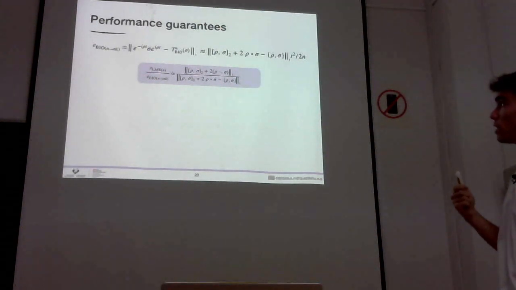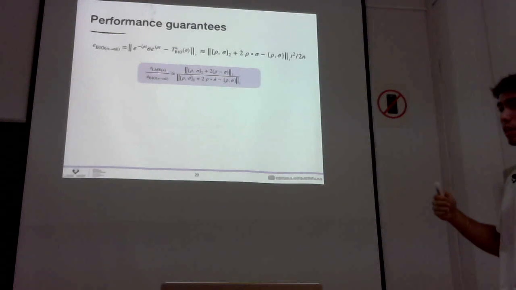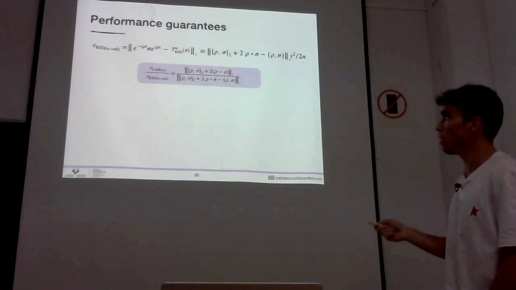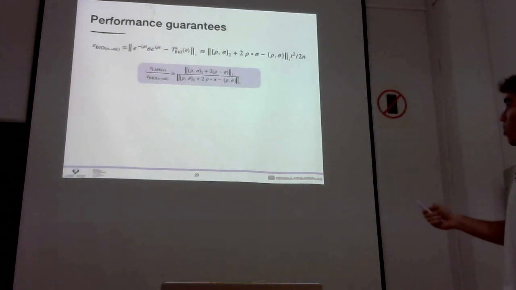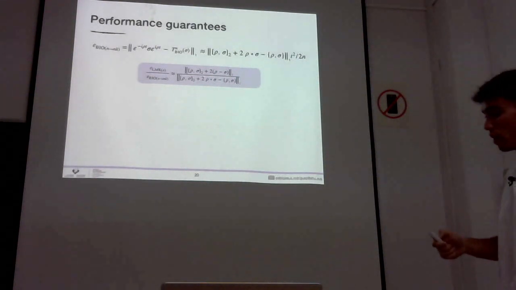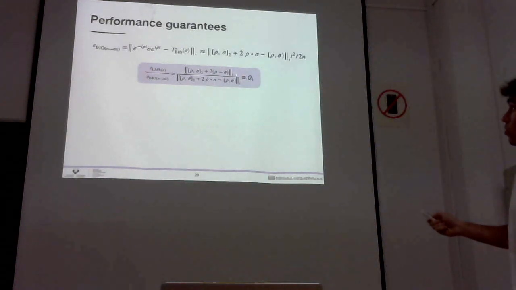Having n copies, I can just apply the LMR, or I can consider this combined protocol, and the advantage that we can get from our protocol will be quantified by this quotient. So it's just the second order term, or this norm, that is quantifying the error of each one of the approaches. This is defined as Q1 because we are considering the norm 1, and this is important, as you will see now.